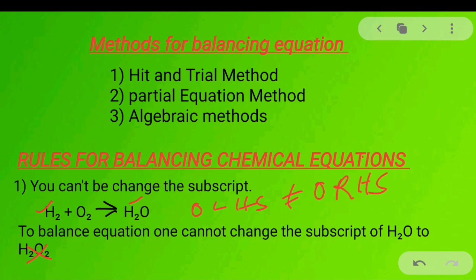Hence, the equation is not balanced. So, to balance the equation, we should not change the formula by changing the subscript. You cannot write the formula of water as H2O2. So, while balancing, the rule is that we cannot change the subscript.